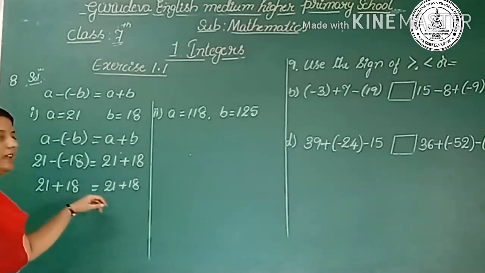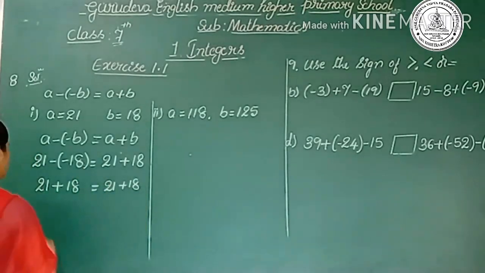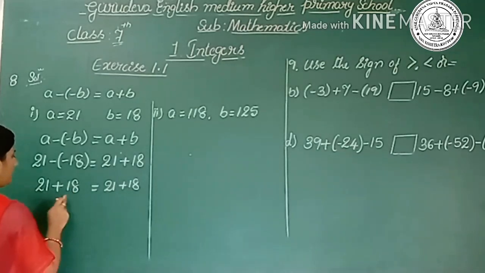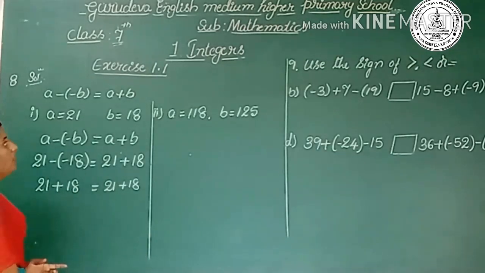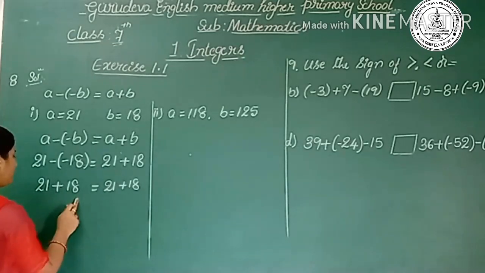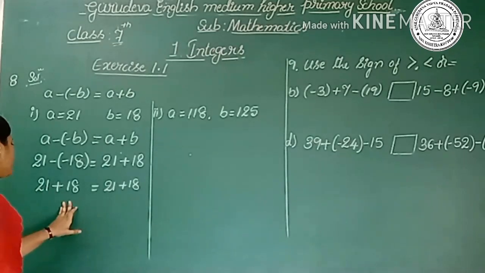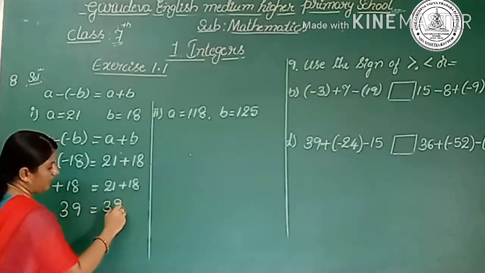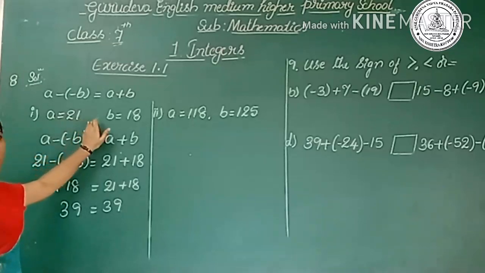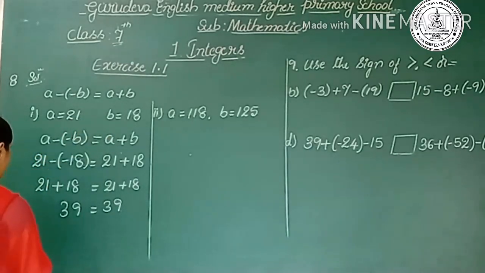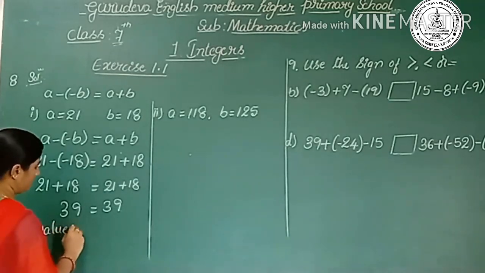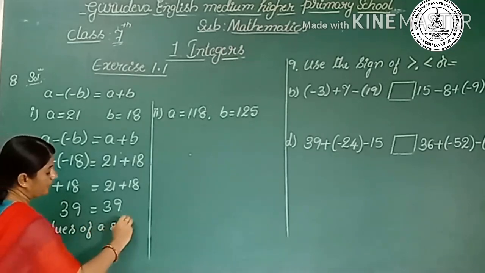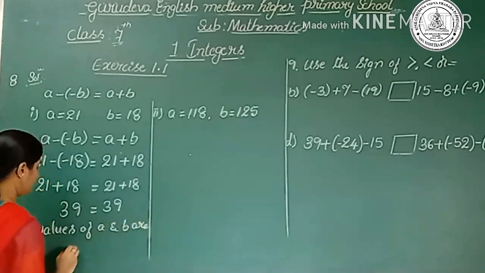Whether it is satisfied or not, yes, it satisfies. 21 plus 8 is equal to 29. So 29 is equal to 29. Hence the values of a and b are verified or satisfied.